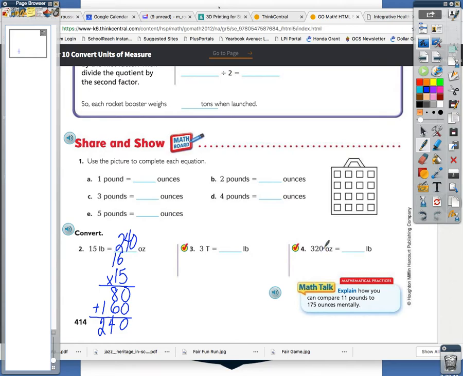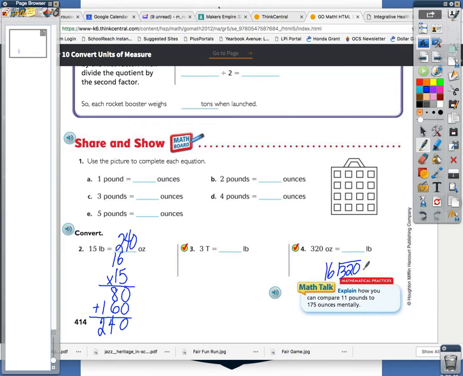If we go over to number 4, we're converting from ounces to pounds. We just said pounds was the larger unit, so this time we're converting a smaller unit into a larger unit. Smaller to larger, the operation says to divide. So we're going to divide 320 by the number of ounces in a pound. Our chart tells us there are 16 ounces in a pound.